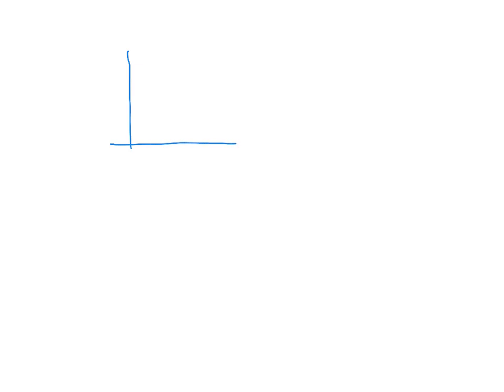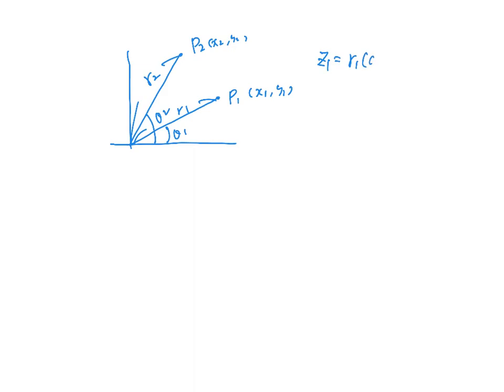You see that if we have the two points P1 (x1, y1) and P2 (x2, y2), with theta 1, r1 and theta 2, r2, then z1 is r1 (cosine theta 1 + i sine theta 1). z2 is r2 (cosine theta 2 + i sine theta 2).